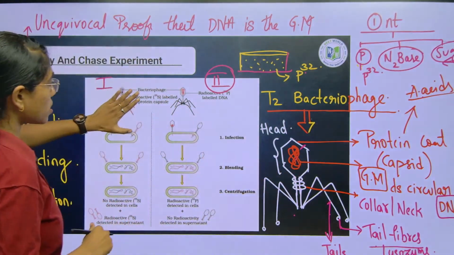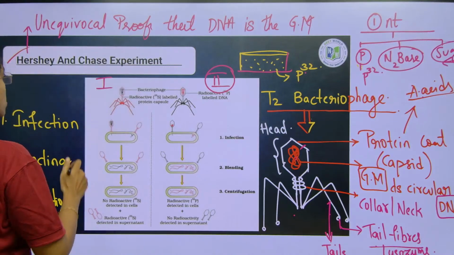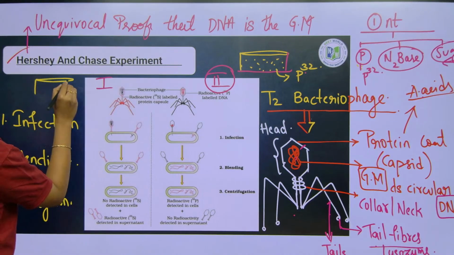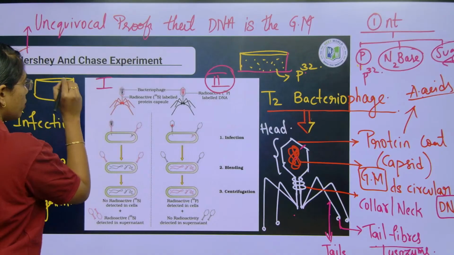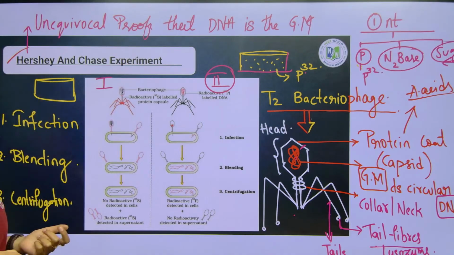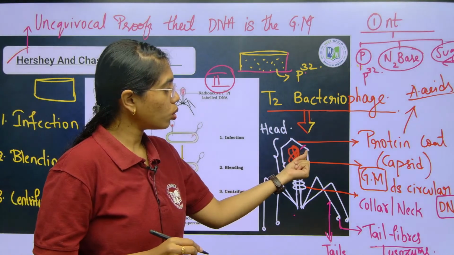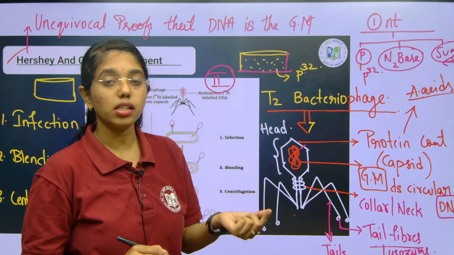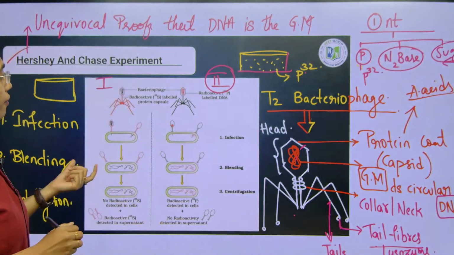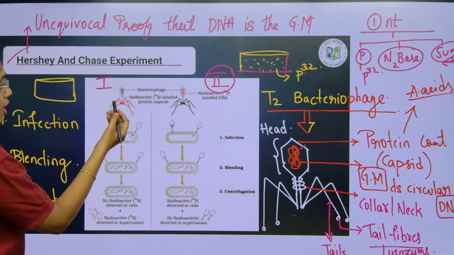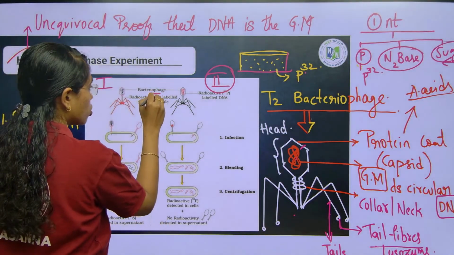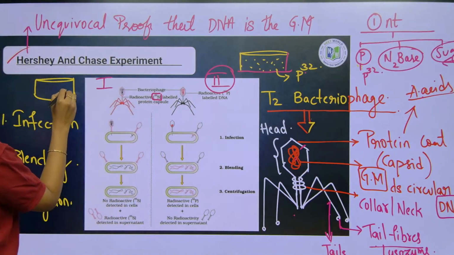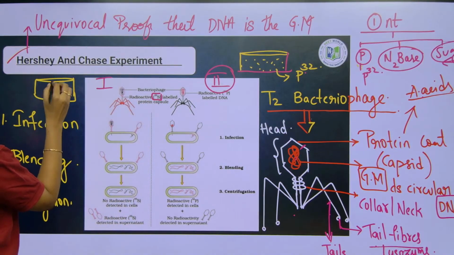In the first bacteriophage, this is the culture medium, wherein the isotope is integrated into the sulfur containing amino acids like cysteine, wherein a heavy or radioactive isotope of sulfur is taken, that is S35.